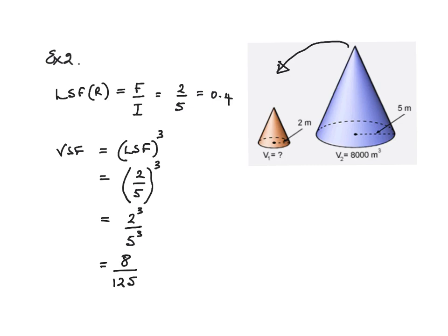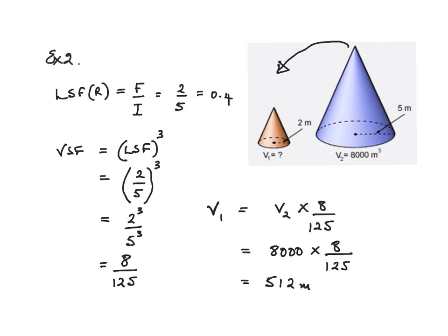So to get volume 1, we multiply volume 2 by 8 over 125. So that's 8,000 times 8 over 125. Calculator work. Gives us the answer 512 meters cubed.